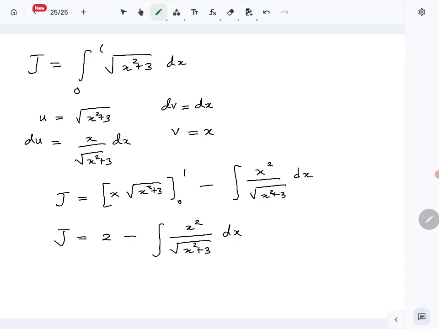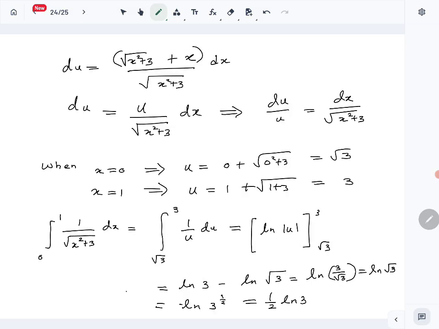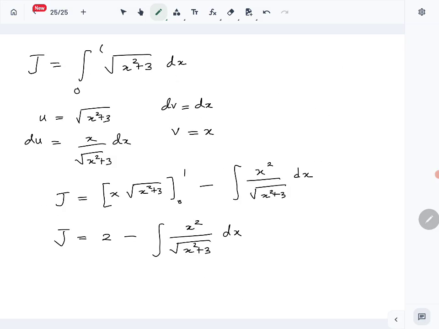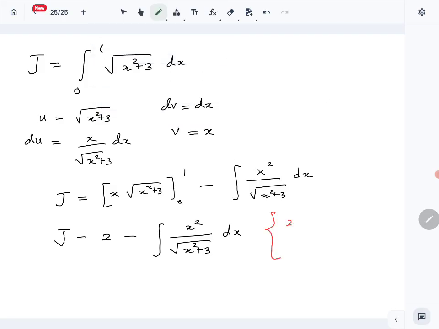Now what is the expression we want to show? 2j is equal to 2 plus this one, right? So let's write that somewhere. We want to show 2j is equal to 2 plus the integral from 0 to 1 of 3 over square root of x squared plus 3 dx, right?